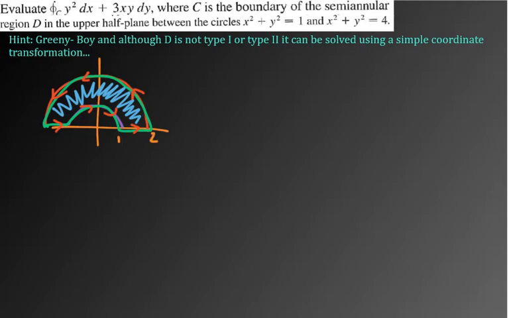My line integral here could reduce by Green's theorem to the double integral of Qx minus Py dA, and then it's going to simplify really nicely.